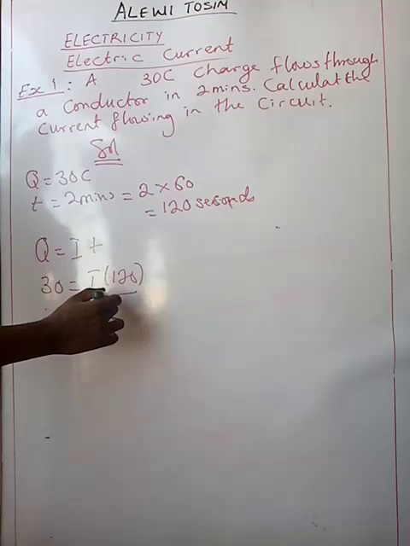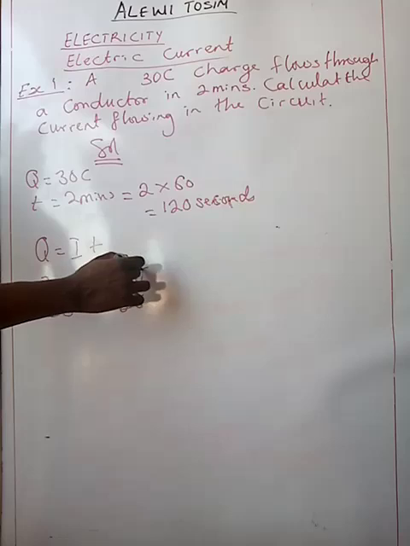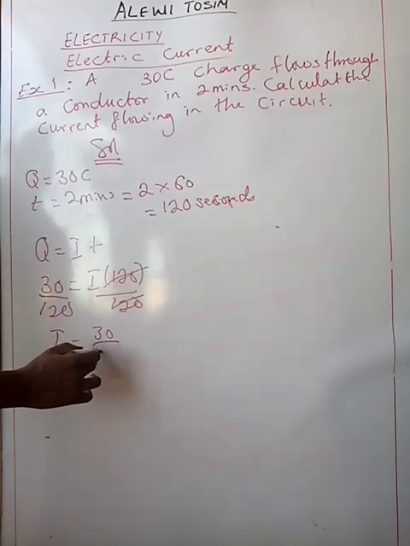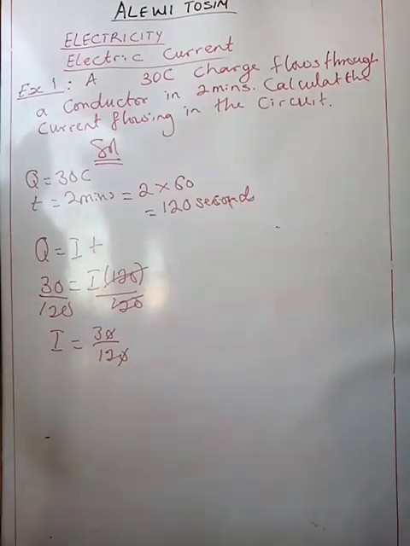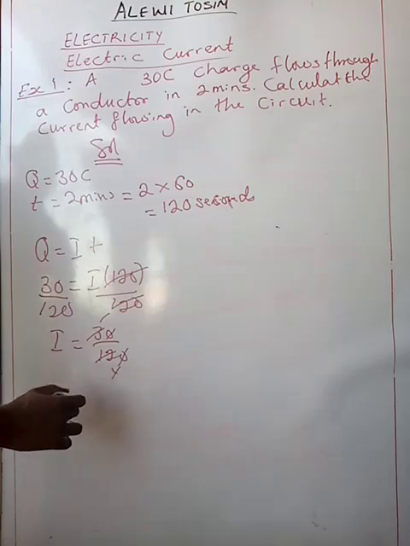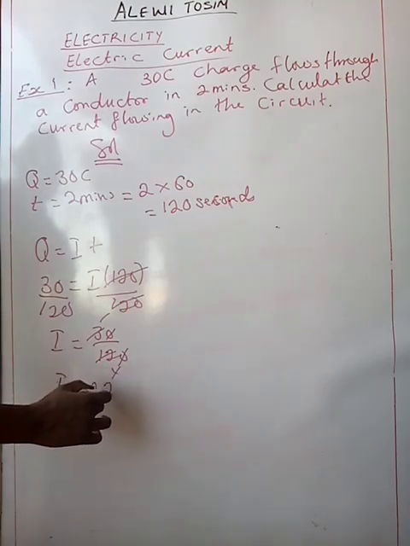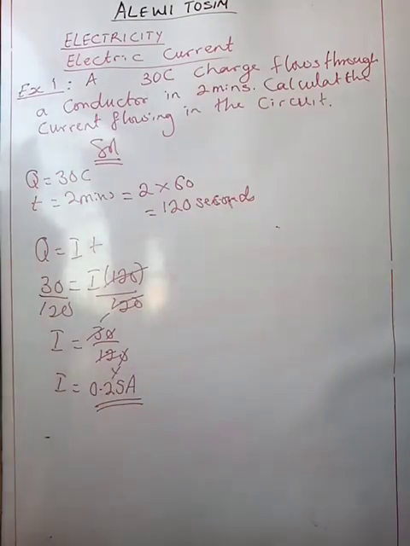So we divide through by 120, and our current will be 30 over 120. Three goes into 3 once, and into 120 four times, so the current is equal to 0.25 amperes. That's the answer for that.